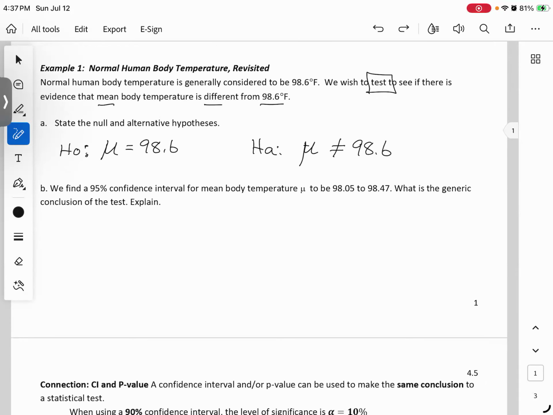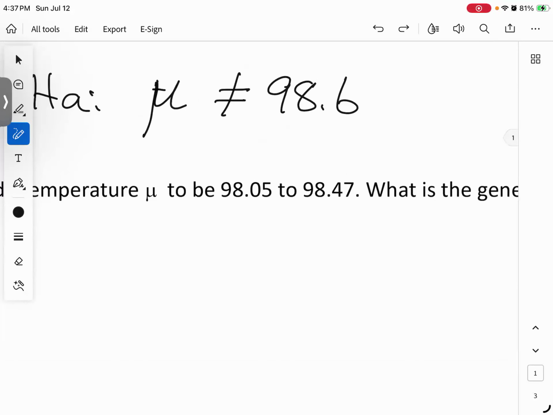But now what we're doing is switching it back to chapter 3, that suppose they bootstrapped based off of a sample and they got something between 98.05 as the lowest that the normal body temperature might be and 98.7 as being the highest that it might be, with 95% assurance.